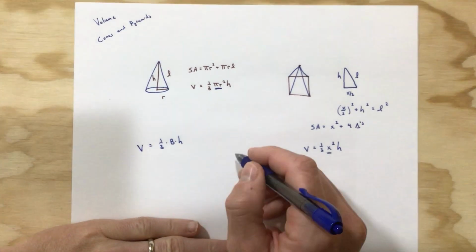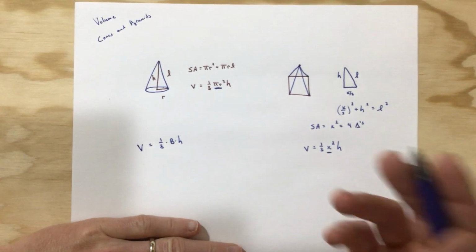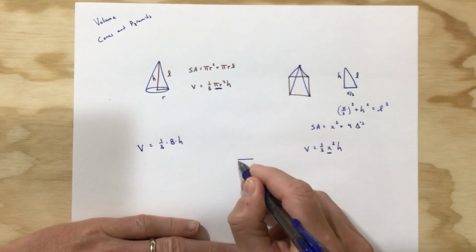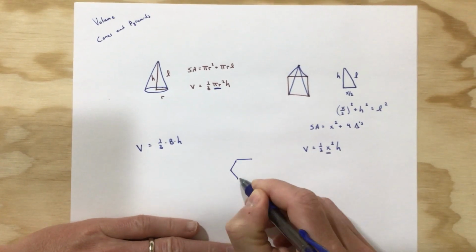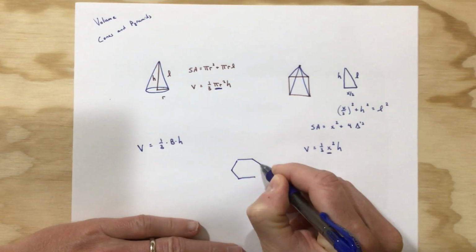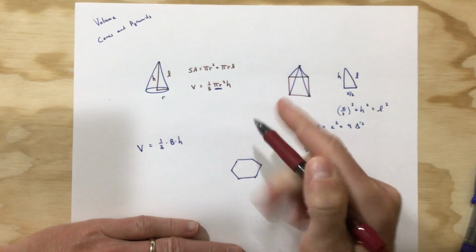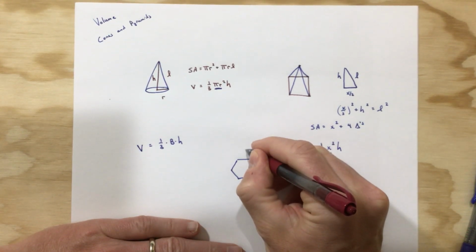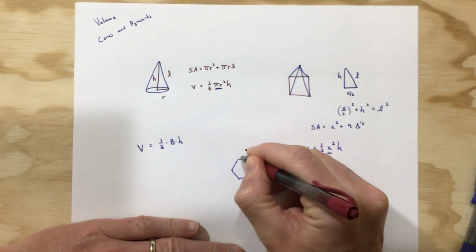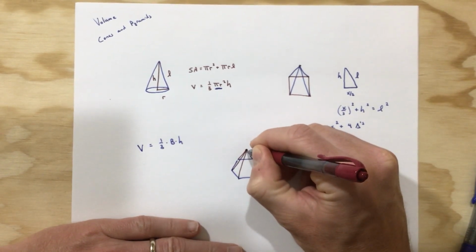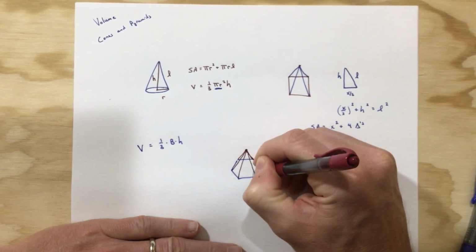And this is still true even if you have some crazy hexagon prism, right? Or octagon prism, or not prism, pyramid. Now let's try to draw maybe something like that.